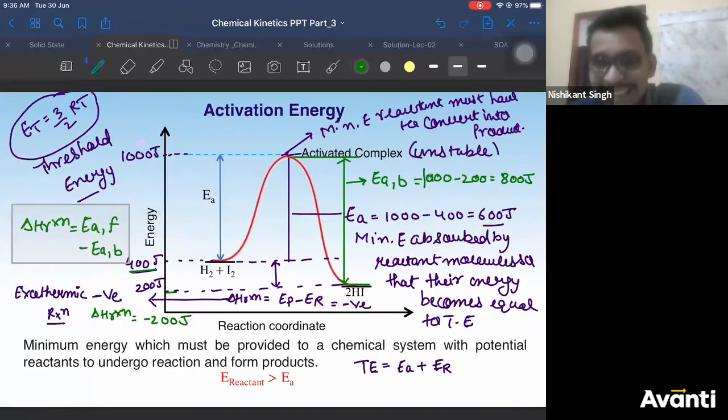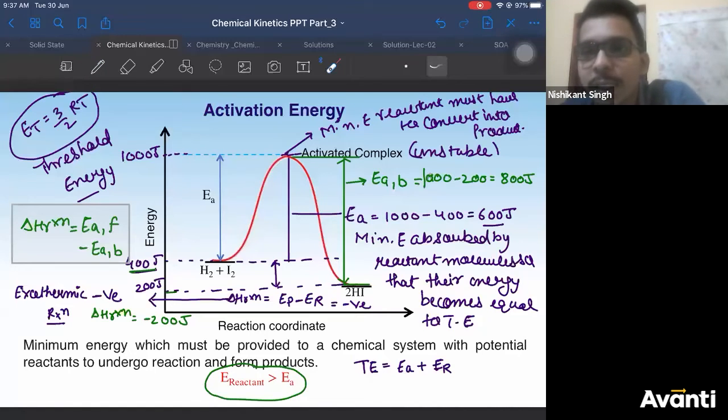Right. Now, many of you are asking, energy of reactant is greater than activation energy, right? So obviously it is not necessarily true. Most of the time it is true, right? For example, the data which we have taken is weird data. Actually, we need to correct it. If reactant is having 200 joule energy, you cannot provide it 1000 joule energy by heating.